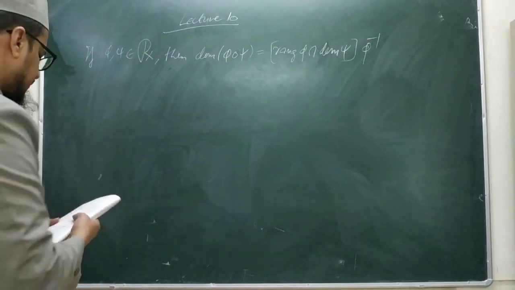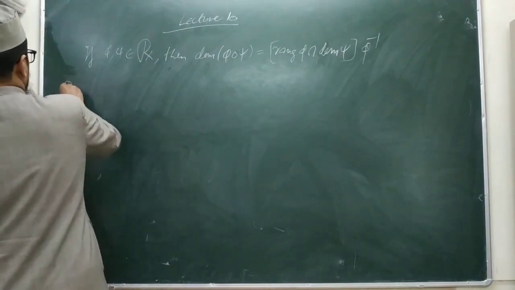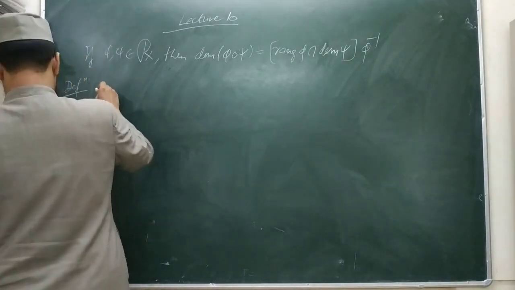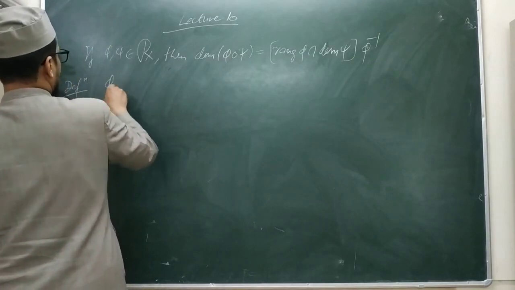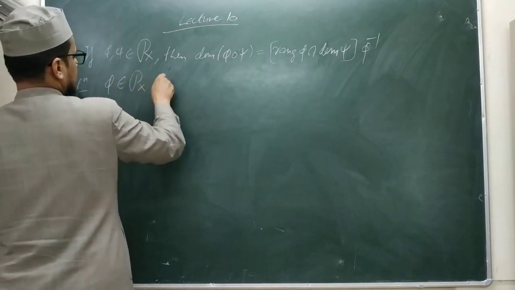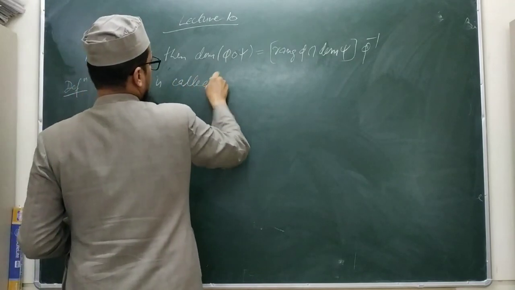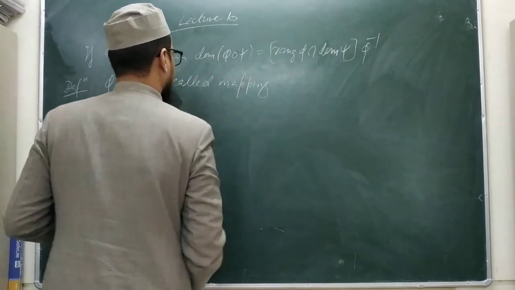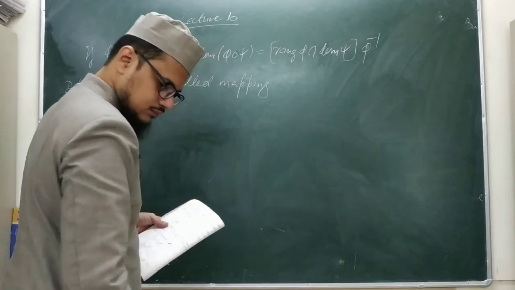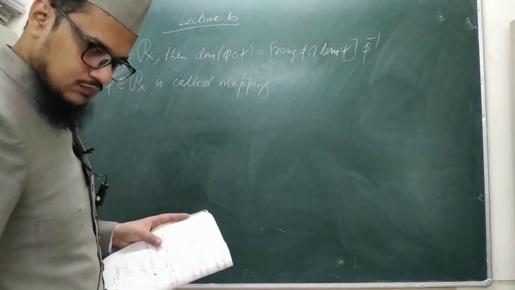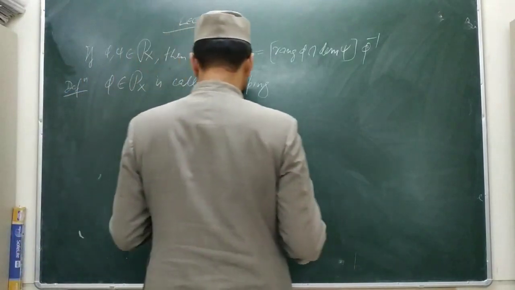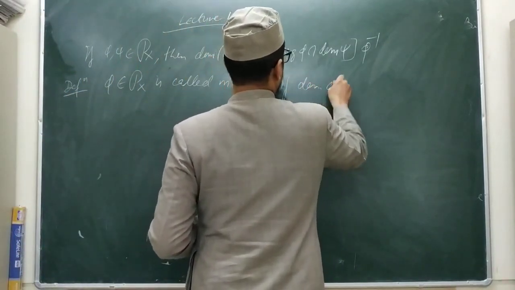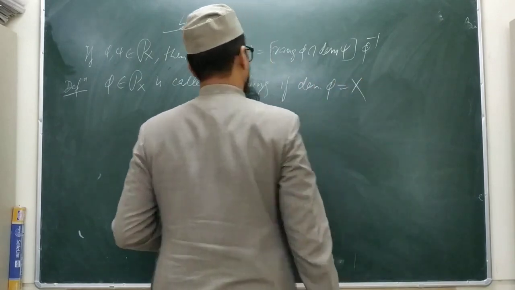Now we introduce one definition, that is phi belongs to Px is called mapping if domain of phi is equal to x.